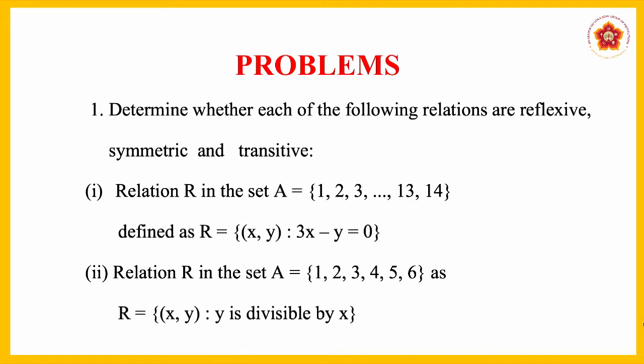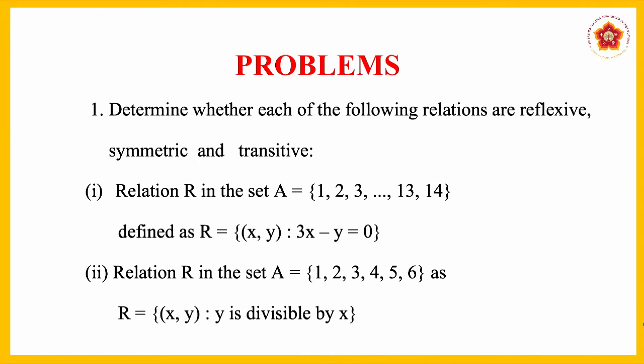So, the first problem says determine whether each of the following relations are reflexive, symmetric or transitive. You have to find out whether it is reflexive, symmetric or transitive. Let us write the first problem, problem number 1, first bit.